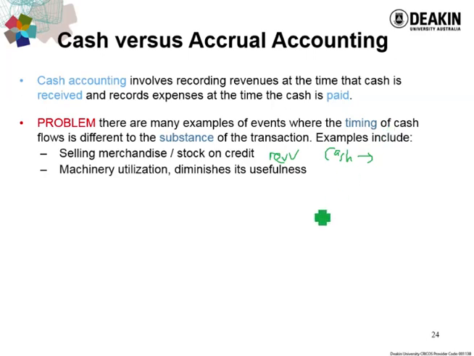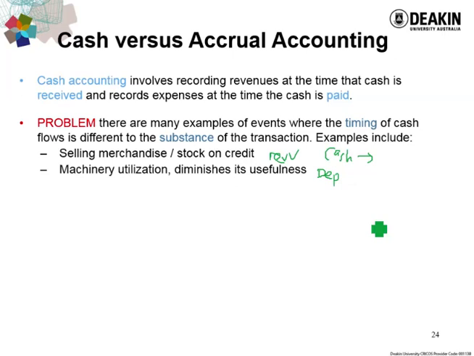The second example is actually related to depreciation. We will have a chance to look at depreciation a few weeks later. So what is depreciation? Why do we depreciate the asset? Because we use the asset to generate revenues, but assets have limited useful life. We can only use an asset to generate revenues for a period of time, and they are subject to wear and tear.